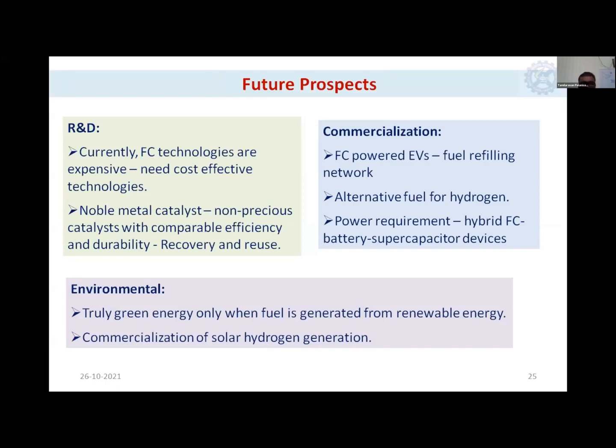Not only solar hydrogen generation, wind electricity-based hydrogen generation also can be promoted because solar and wind both are intermittent sources of energy. So we can store this solar energy and wind energy in the form of hydrogen, and we can use it whenever we want using a fuel cell.